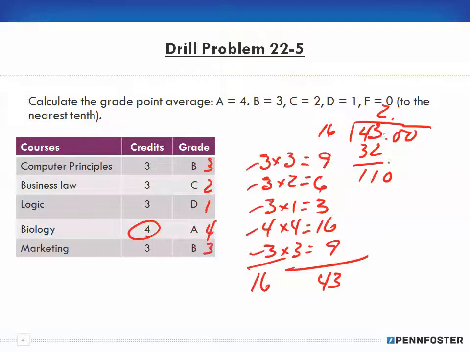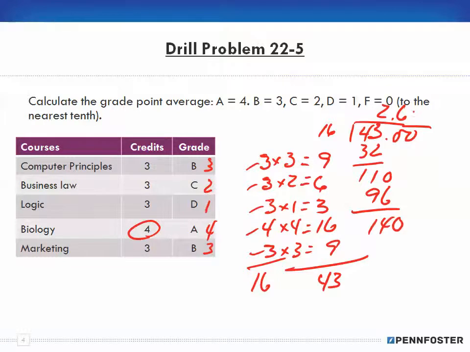Let's see, that's 16 into that. Let's see, 7 is 6, 36, 3, 96. So that gives me a 4, 14, 140.